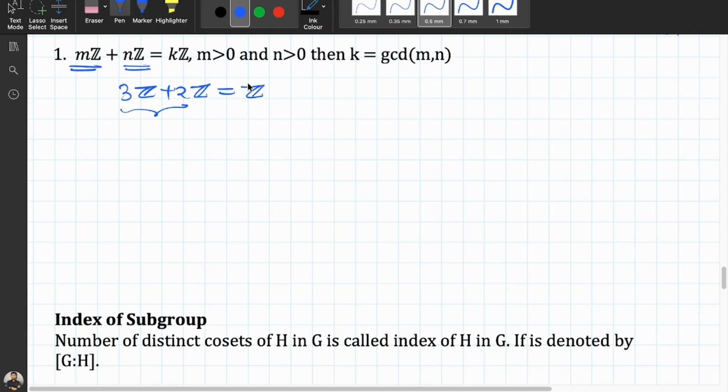Because, not GCD, LCM of M and N. What's the LCM? That's 6.